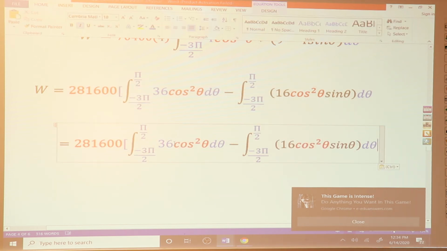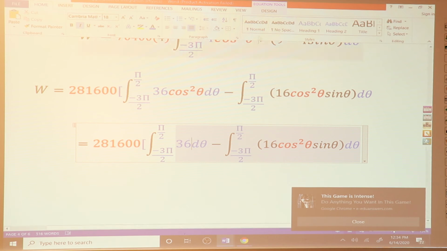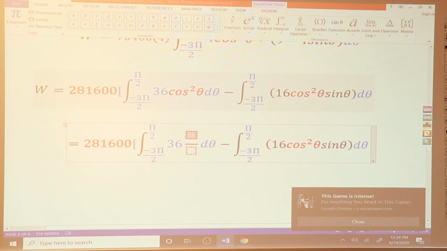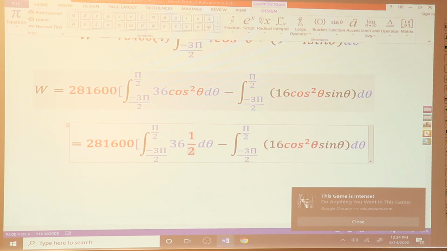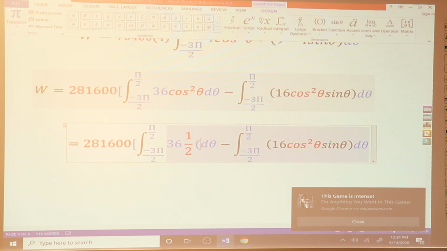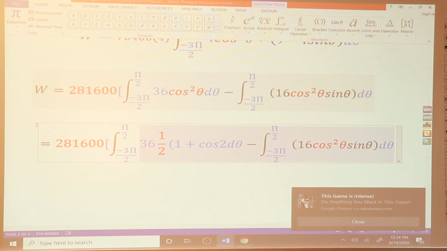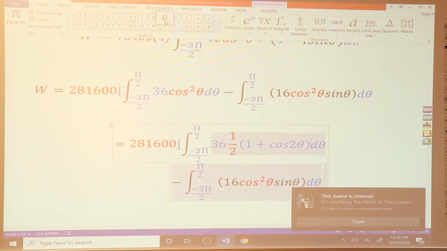This guy here, I'm going to do it again one more time. This 36, if you remember the cosine formula, cosine square equals half, 1 over 2, right, 1 plus cosine 2 theta, right? Cosine square and sine square are the same, right?